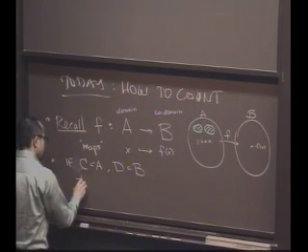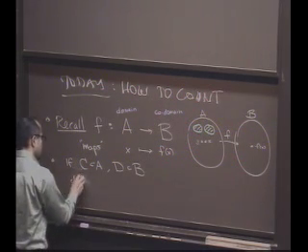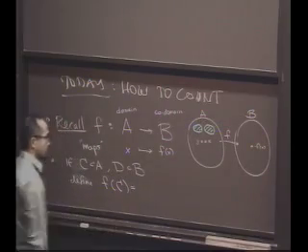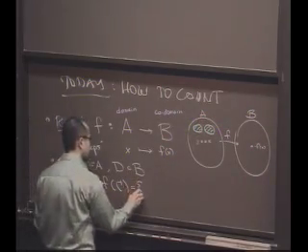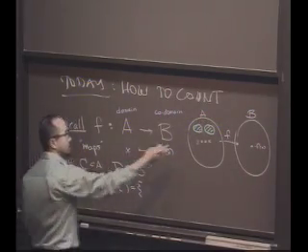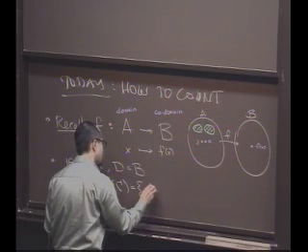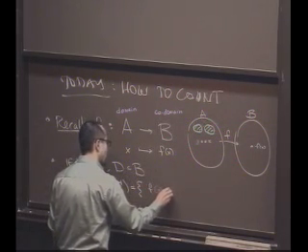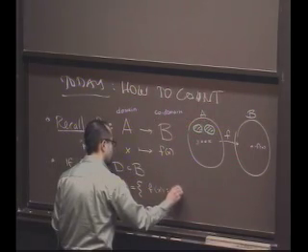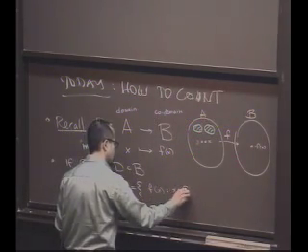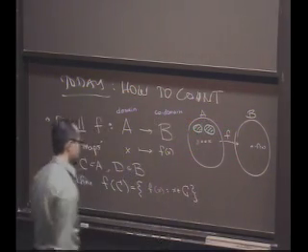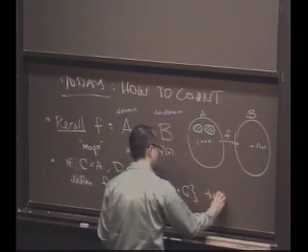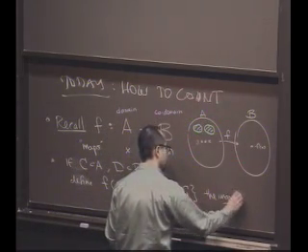Then we'll define F of big C to be basically the image of C under this mapping. So we would say all F of little x, where x is in C. Okay? So this has a name. It's called the image of C. And where does it live?